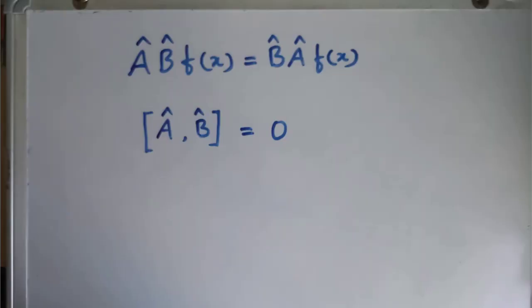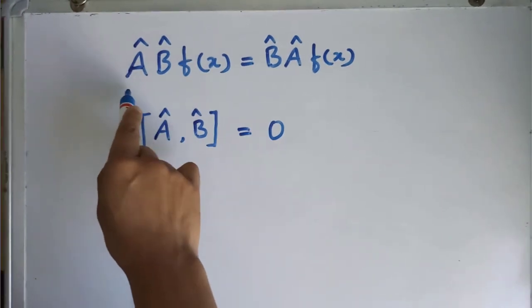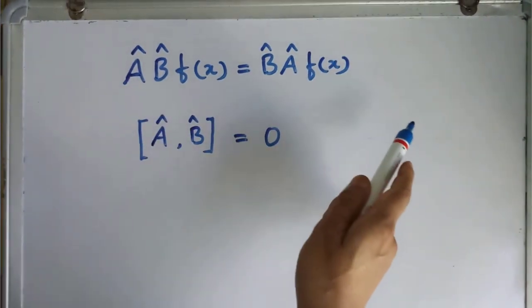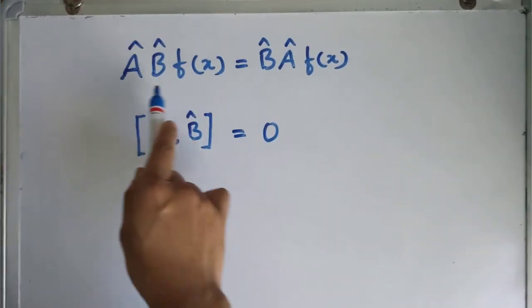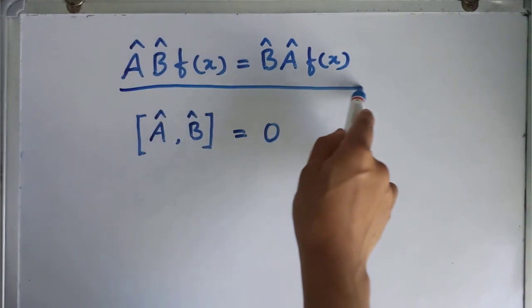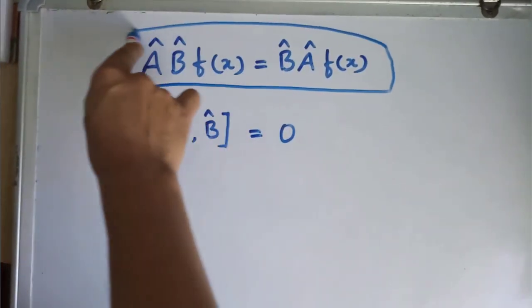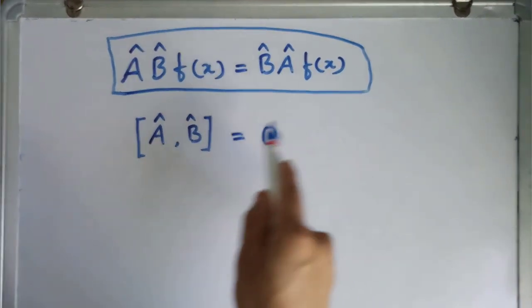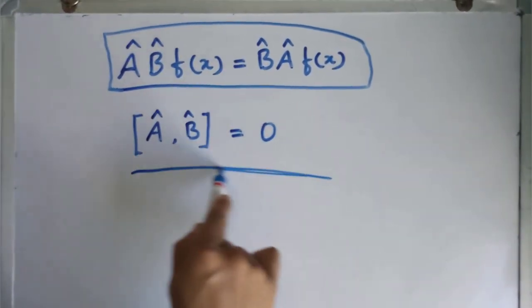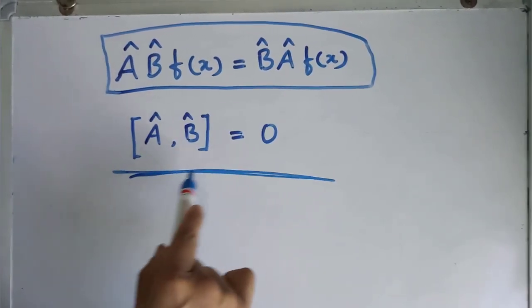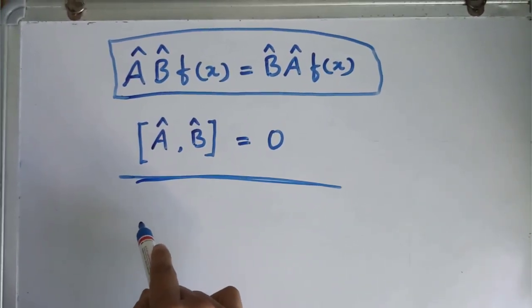Now if operators A and B are multiplicable and both of these follow this relation, that is, this relation is satisfied by the operators A cap and B cap, in that case we can write this. It is, A and B commute with each other.